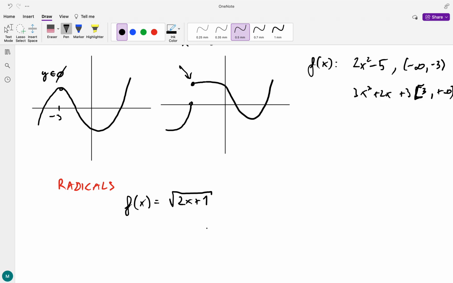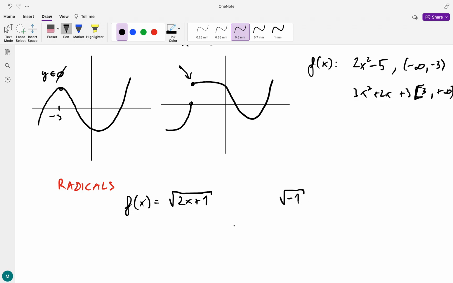Okay, so everything seems to be perfectly normal. Underneath the radical, we have a monomial or linear equation, but what can't we have underneath the radical? We can't have negative numbers, right? So later on, we're going to work with radicals that look like that. Those are called imaginary numbers.